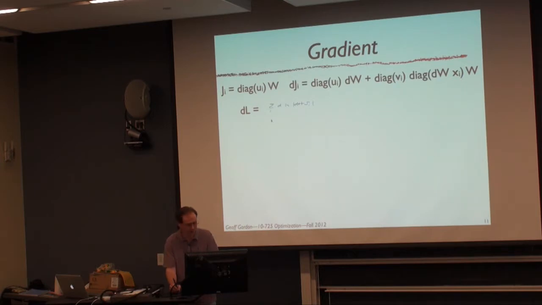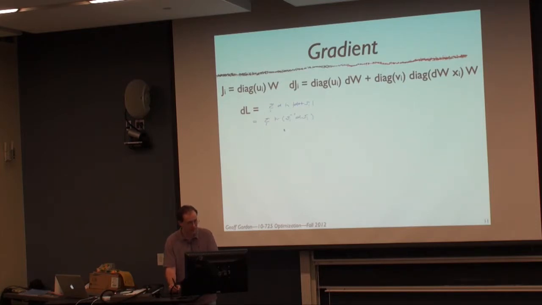And we know one of the identities that we talked about last time lets us take the differential of log det. So this is going to be the sum over i of the trace of J_i inverse times the differential of J_i.